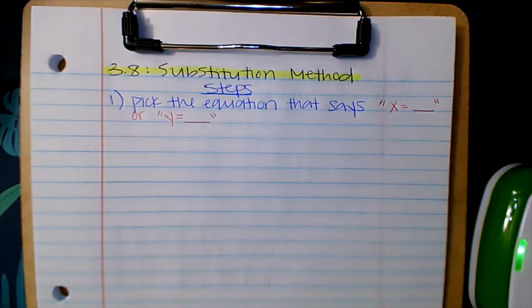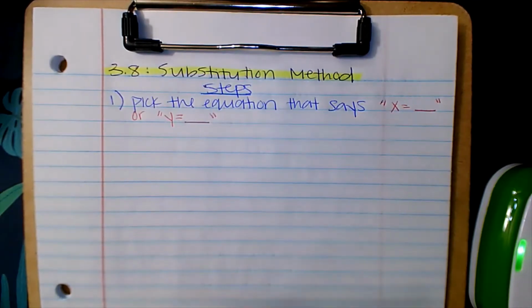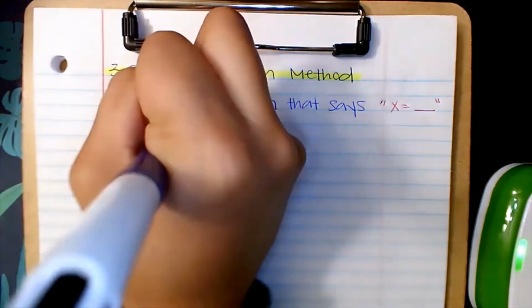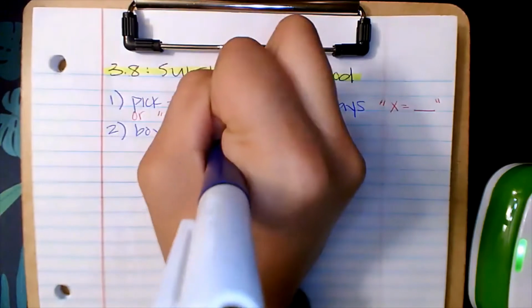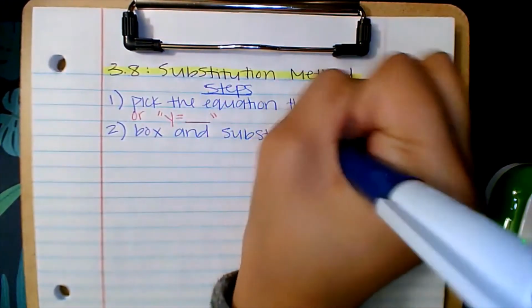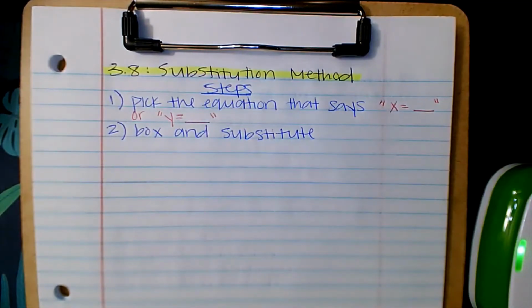After we've decided on which equation to choose, we're going to go ahead and do something called box and substitute. And once we do some examples, we'll see exactly what that means.